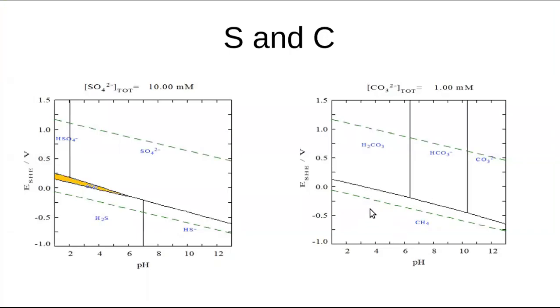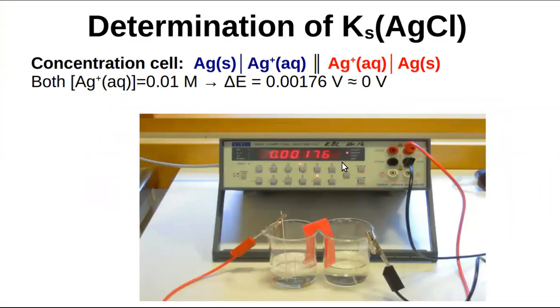And we continue. So you can actually use this Nernst equation for, for example, determination of solubility products and equilibrium constants.